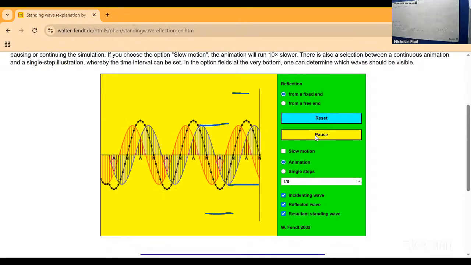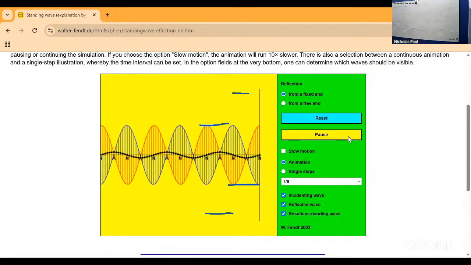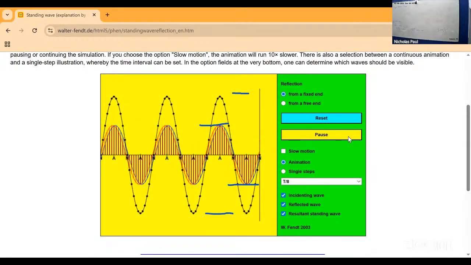Everybody okay with that? That's basically the stationary wave, the max being the produced wave. You have 1, 2, 3 cycles in this one. But what's going to happen?